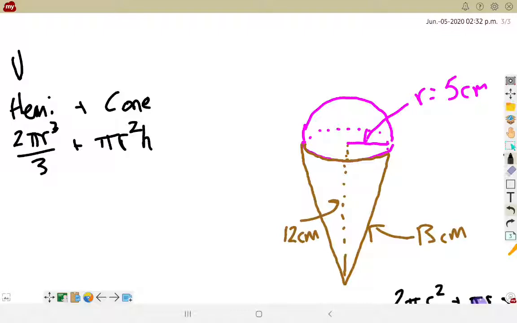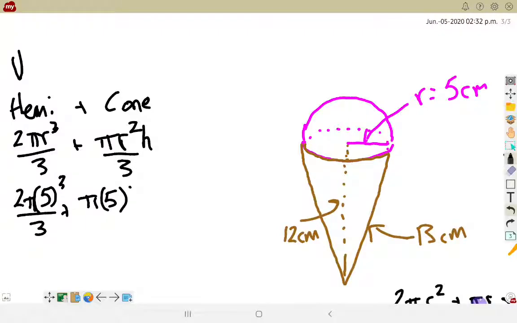That would really be a cylinder, and a cone is a third of that size, so we divide by 3. Substituting in, we get 2 pi times 5 cubed, divided by 3, plus pi times 5 squared, and then the height here is 12. Remember you're distinguishing between the slant height and the regular height. It does make a difference.